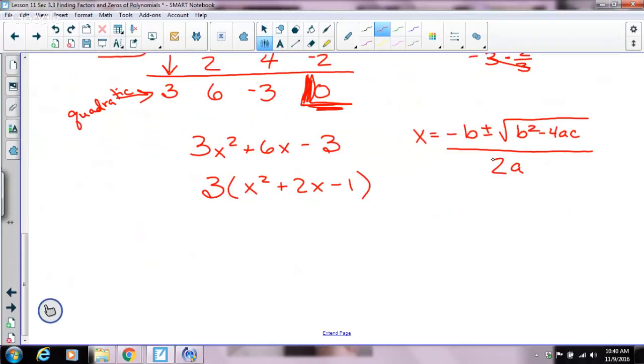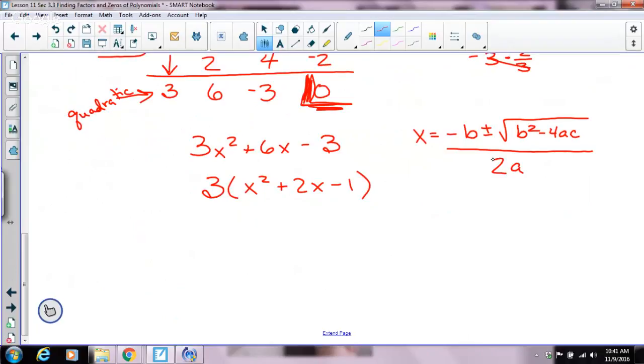You should be finishing this problem. All right, what are the zeros and what are the factors?